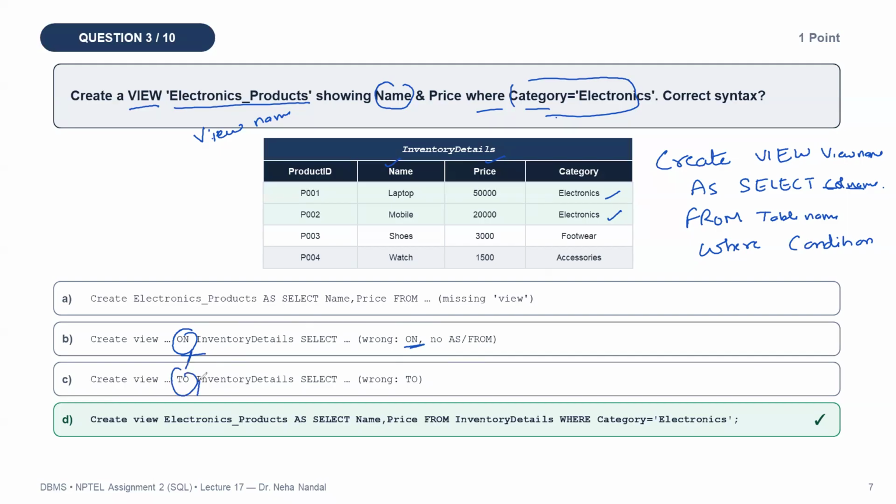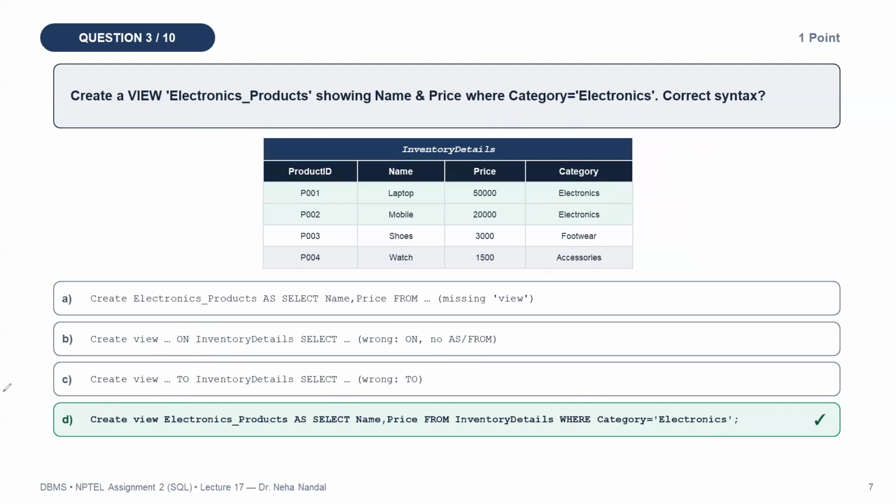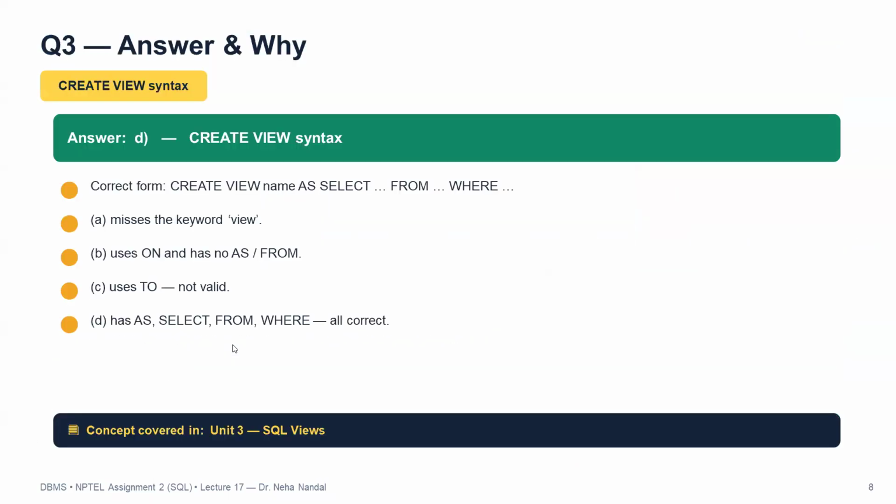Create view to, again wrong. So definitely they are not our correct answers. Let's see this one. Create view, view name as select column names, name and price from inventory details, the table name, as we have written, where condition. So it is matching our syntax and that is the answer. If you know the syntax of creating a view, you will get this answer correct.